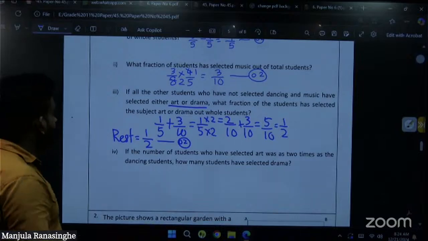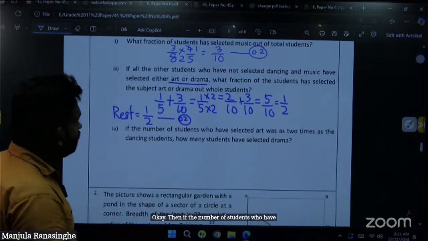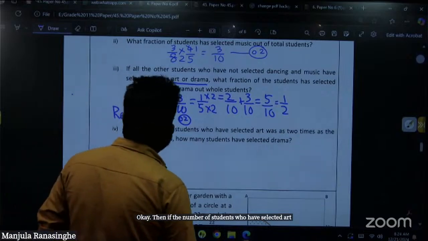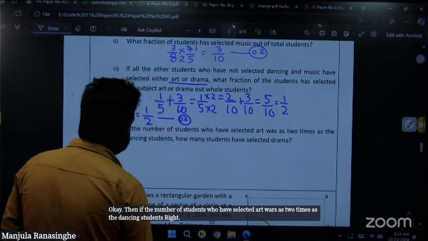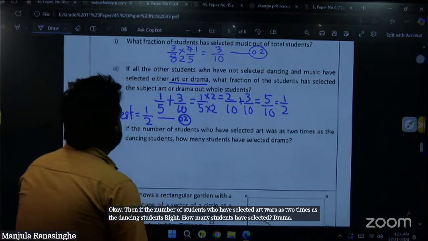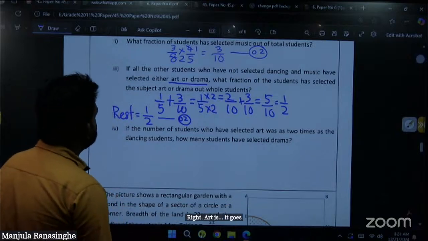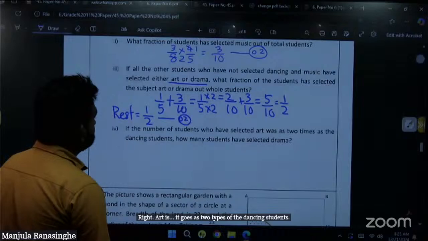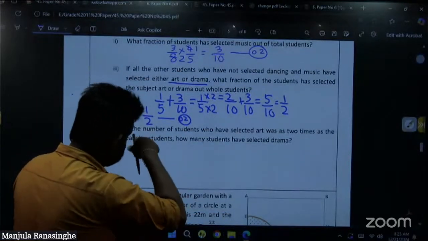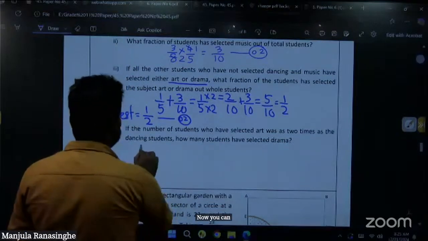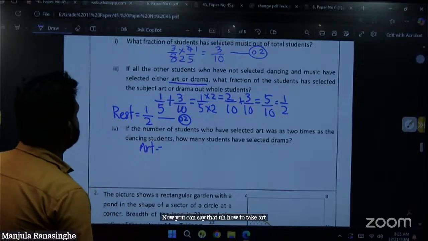Then, if the number of students who have selected art was 2 times the dancing students, how many students have selected drama? Art was 2 times the dancing students.